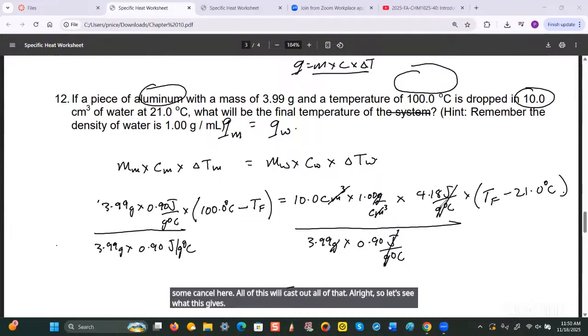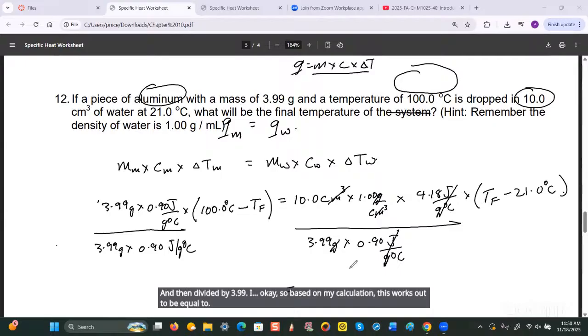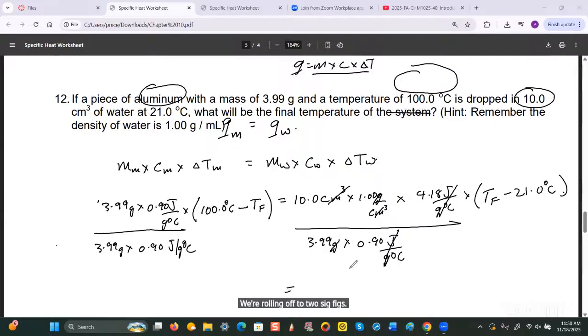10 times 1 times 4.18, and then divided by 3.99. Okay, so based on my calculation, when rounded off to 2 sig figs, we'll do this again. 10 times 4.18 divided by 3.99.